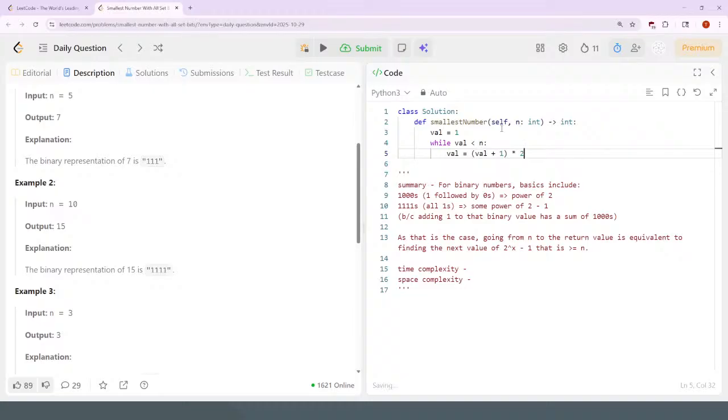So first up the value is 1. Next time up is going to be 2 plus 1 times 2, which is 4, minus 1.